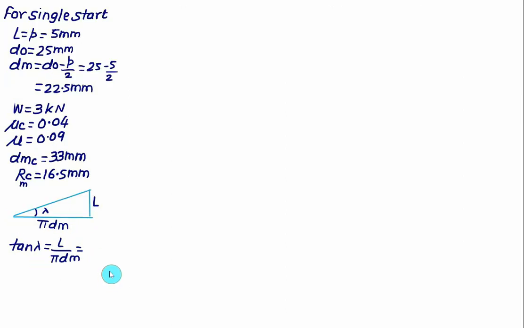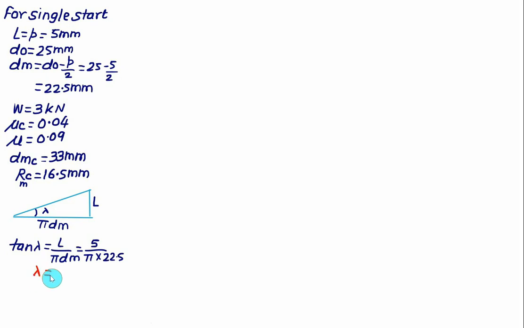First we calculate the value of lambda, where tan of lambda is L divided by pi dm. This time we have lead equal to 5 mm divided by pi times dm, and we have dm equal to 22.5. Take tan inverse and find out the value of lambda.